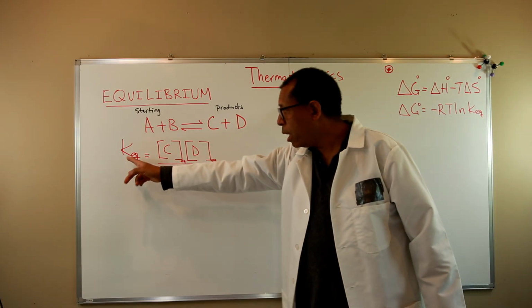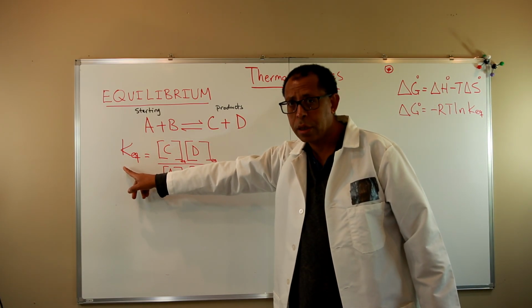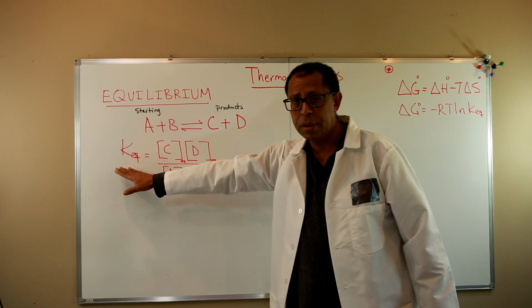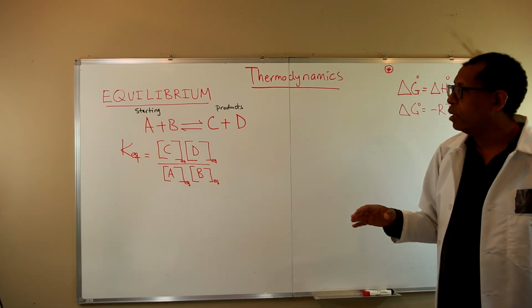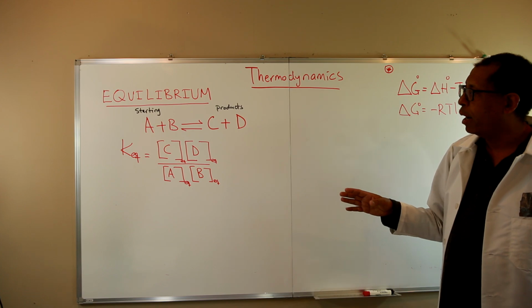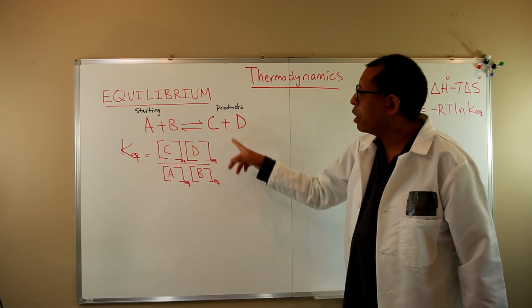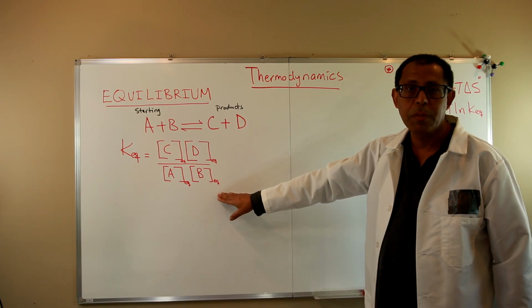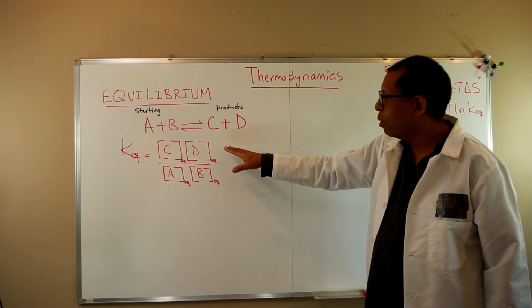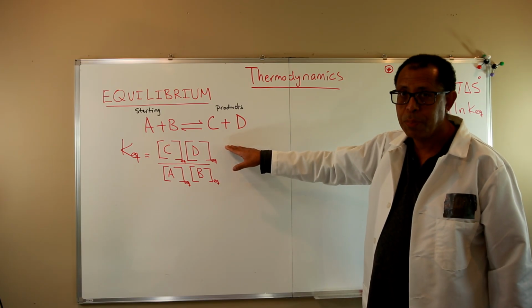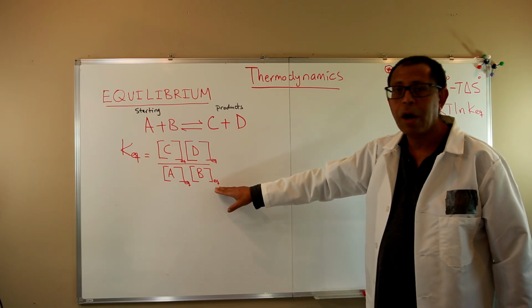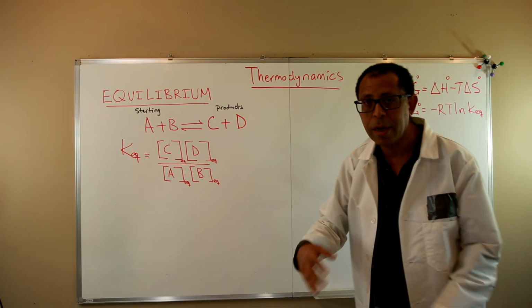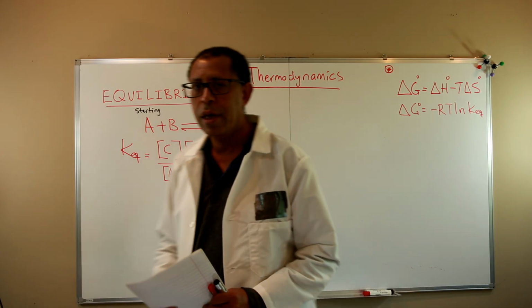So K equilibrium, an equilibrium constant, is defined or calculated by the ratio of the products to the starting material remaining. So how much product has formed at that point over how much starting material is remaining in the reaction.